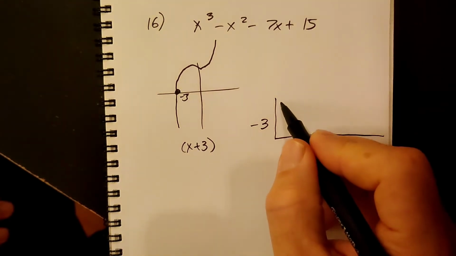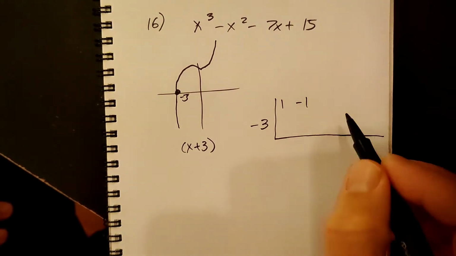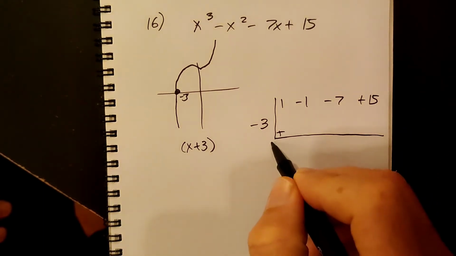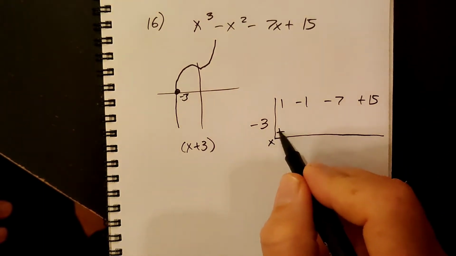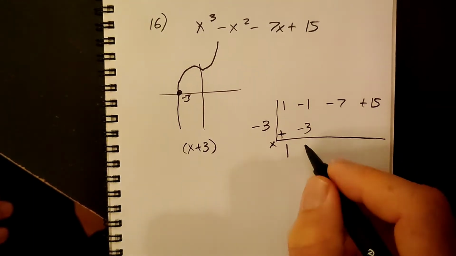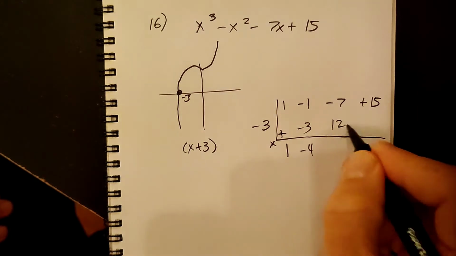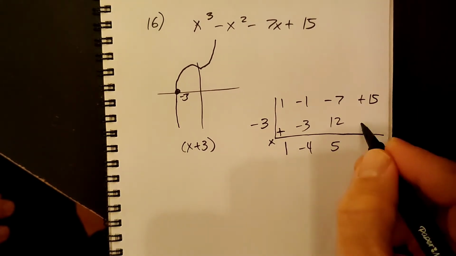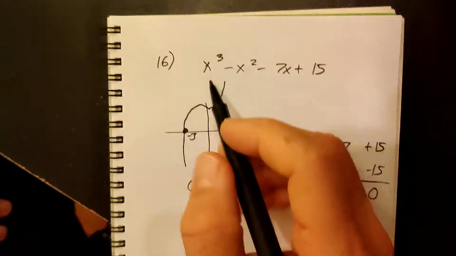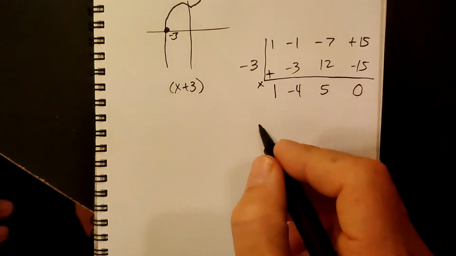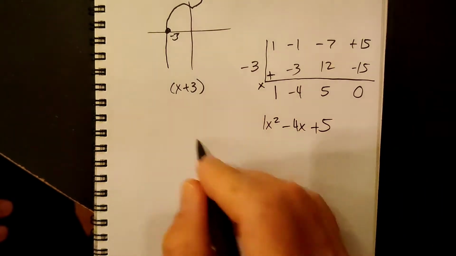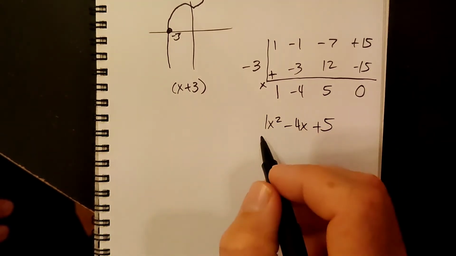So we do our good old synthetic division here. A little plus there, a little times there. 1 plus nothing is 1. -3. -4, positive 12. 5, -15, and 0. All right, we started with x to the third. So now I'm at 1x squared minus 4x plus 5. Right, so that I can finish solving.